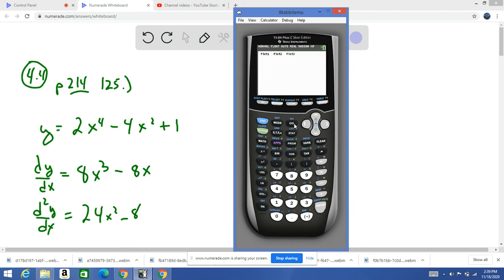Okay, so y equals, let's see, the first derivative, 8x cubed minus 8x. We should see zeros of this function where the extrema occur. Let's graph this in the same window.